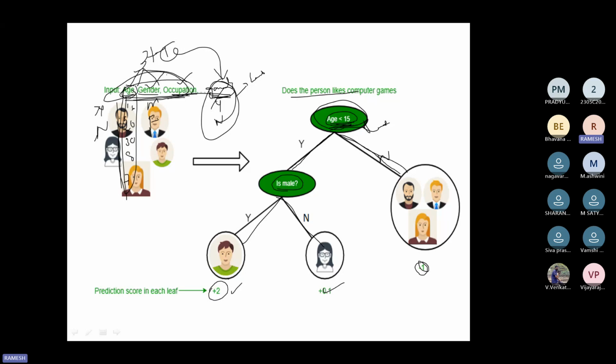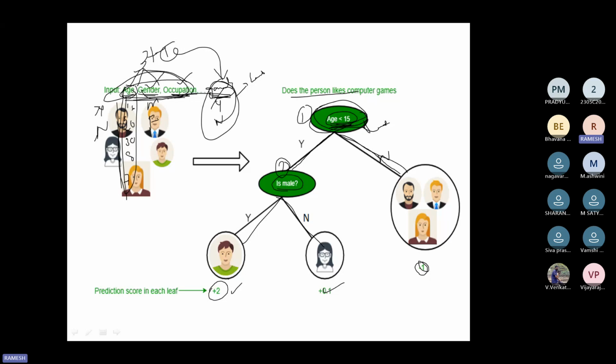So here we selected age as the root node. Instead of age, why won't we select gender or occupation as the root node? Let's try. When we selected age as the root node, we considered only two attributes, and the remaining one, occupation, was not considered at all, but we are still giving the output.